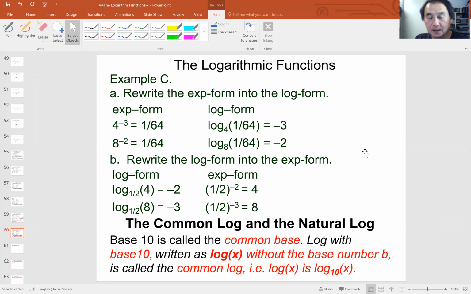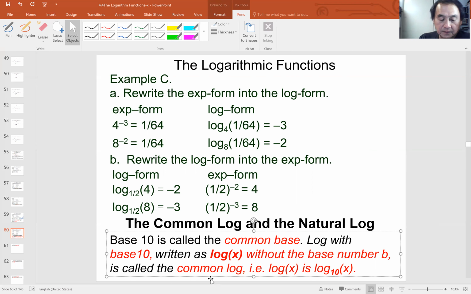The base 10 we call the common log, because 10 is the common unit. Usually on a computer we don't write the base 10. If you look at your computer, calculator, or cell phone, usually it says log with no base, and that's base 10.